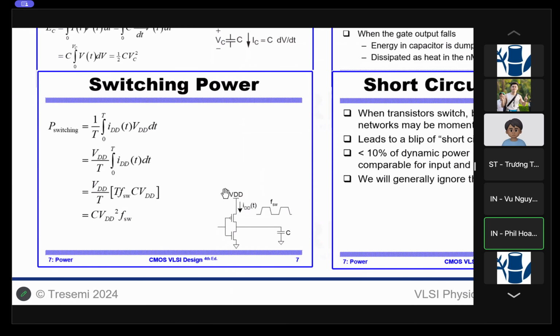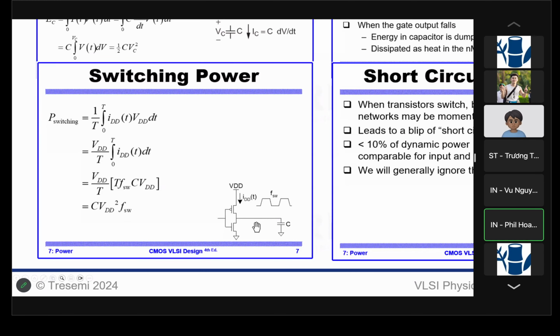Thank you, Vu. So now on switching power. This is an example circuit we can look at to understand switching power. Switching power is 1/T times the integral of IDD times VDD dt.